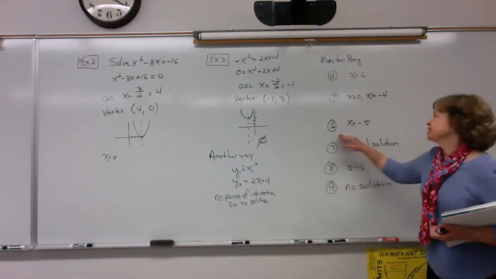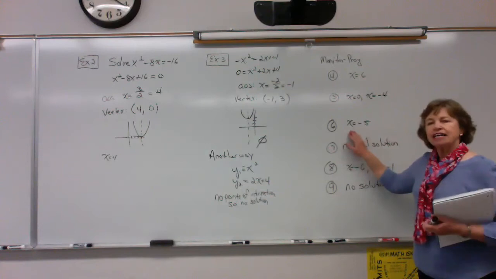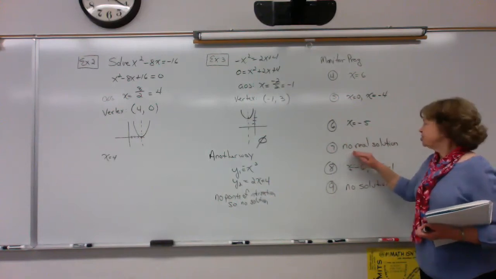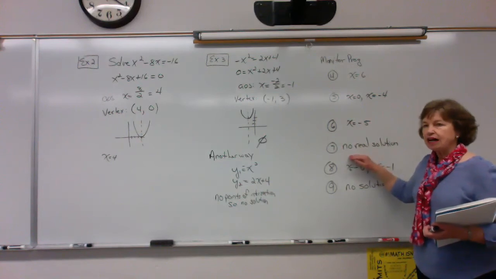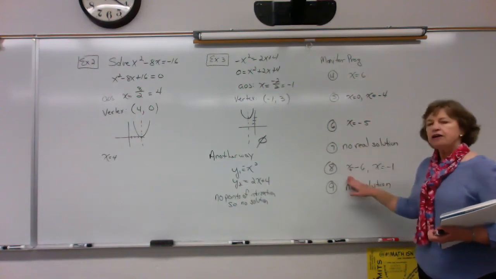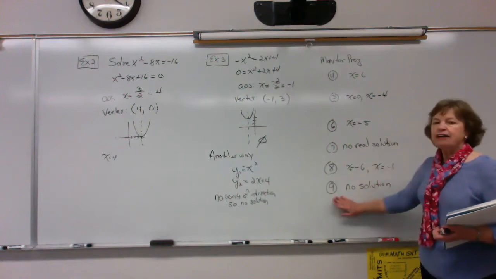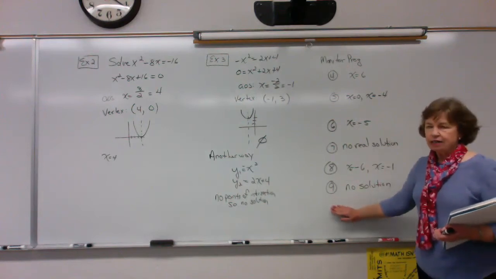And it's the zeros. For the 6th one, x should have been negative 5. The 7th, there was no real solution because that parabola did not cross the x-axis. For the 8th one, x was negative 6 and negative 1. And for the 9th one, again, no solution.